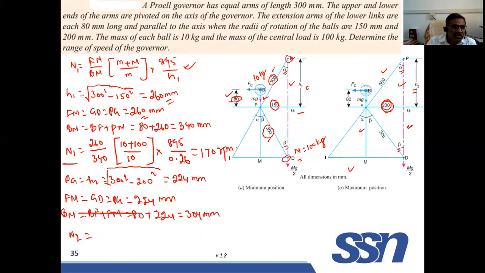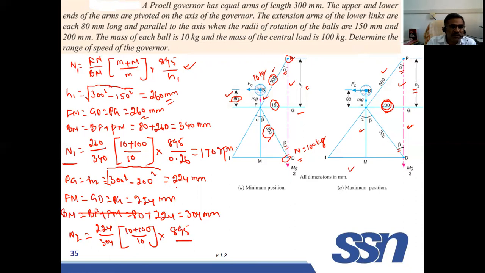Now we find the value of N2. N2 is equal to Fm by Bm, Fm is equal to 224 divided by 304, within bracket small m is equal to 10 kg, capital M is equal to 100 kg. 100 divided by 10 into 895 divided by H2.